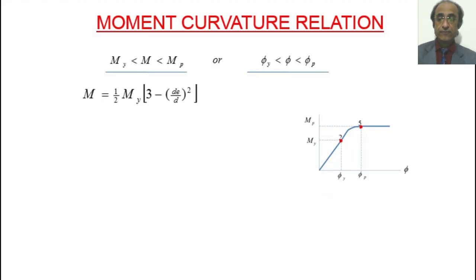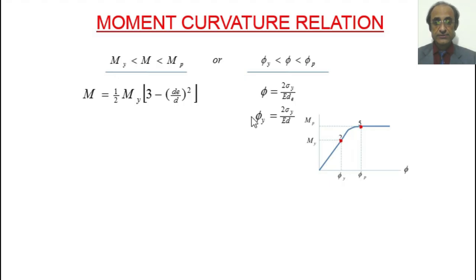So that's very easy now, because right now it's in terms of the depth of the elastic core with respect to the overall depth. When we have crossed point number 2, the curvature would be given by this expression where we have the depth of the core, and when we are at point number 2, we have the yield curvature, and this is given by this relationship where we have the overall depth.